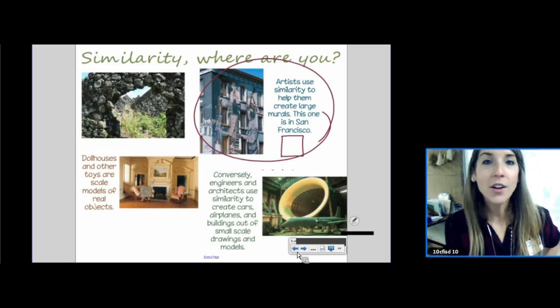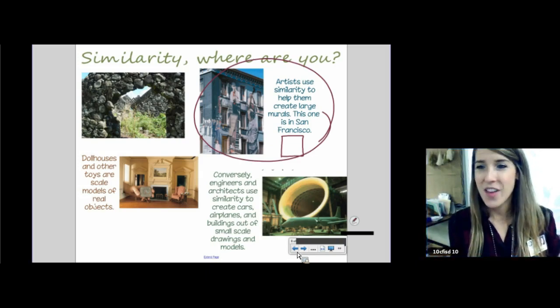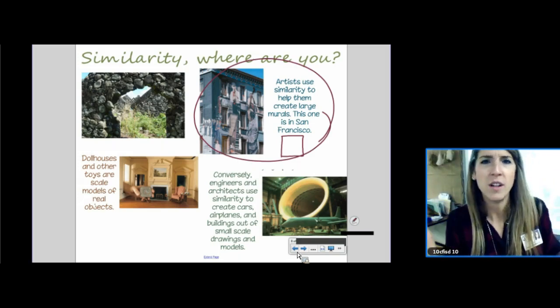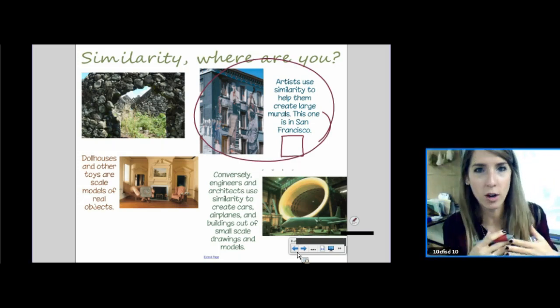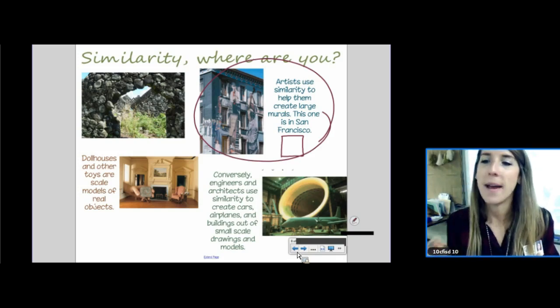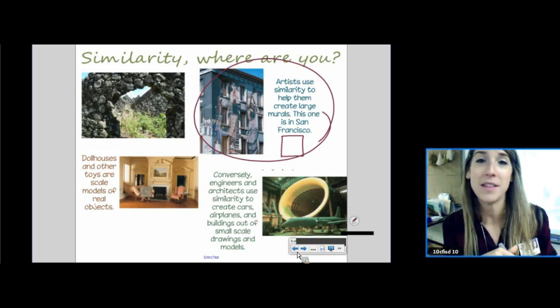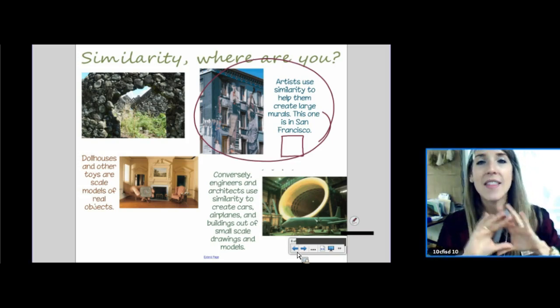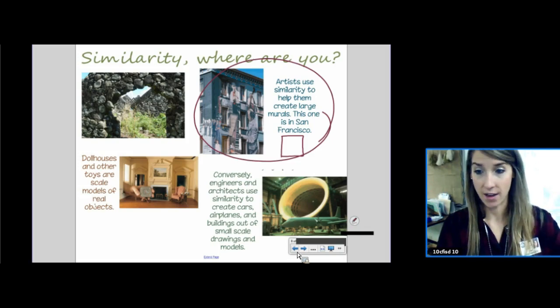Now, if they didn't enlarge it by the same scale, then their picture would look off. It would look too narrow. The guy's head would be too big. It would look disproportional, right? Which some artists do on purpose. But normally when they're painting a mural, they sketch it in a small scale first, and then they enlarge it by a scale factor.